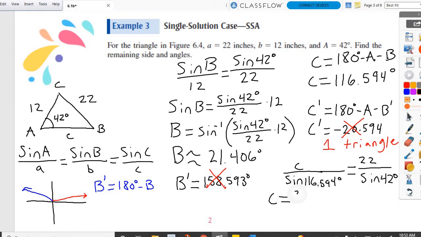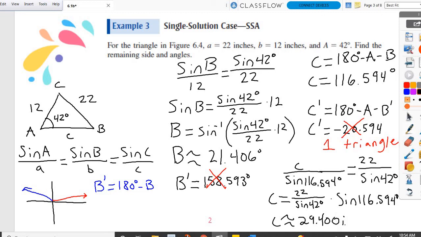So then, just like yesterday, I'm going to multiply by my denominator and then plug it all into our calculator. And what do we get? 29.39. 29.400.